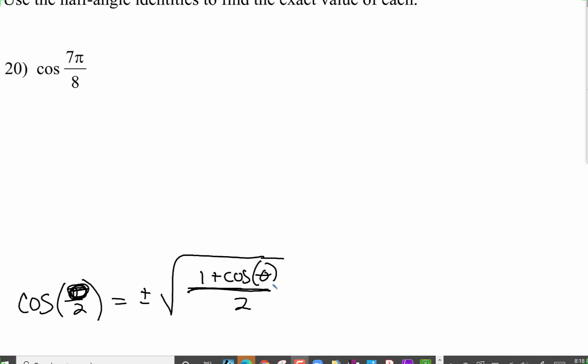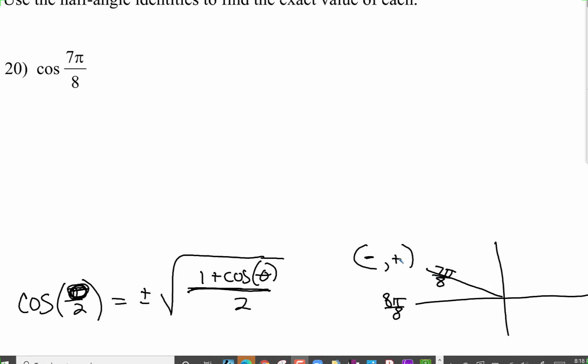So 7 pi eighths, well, if this is 8 pi eighths, right about here is going to be 7 pi eighths. So we know that we're looking in the second quadrant, cosine is negative. So we're going to choose this negative value right here.